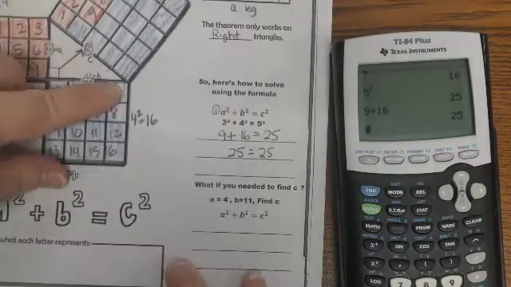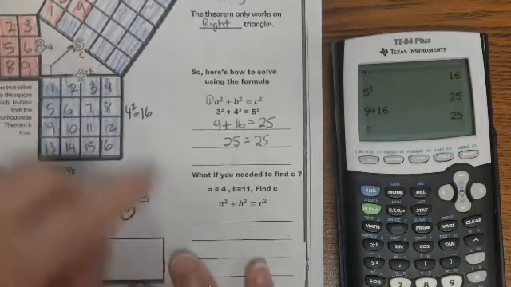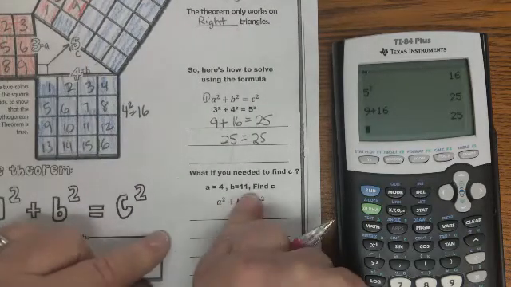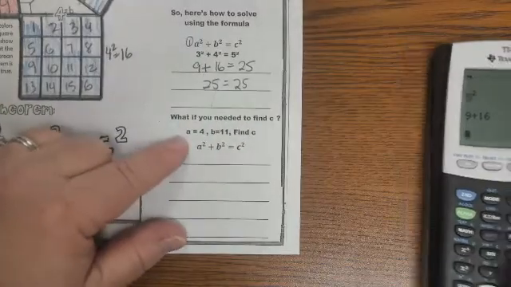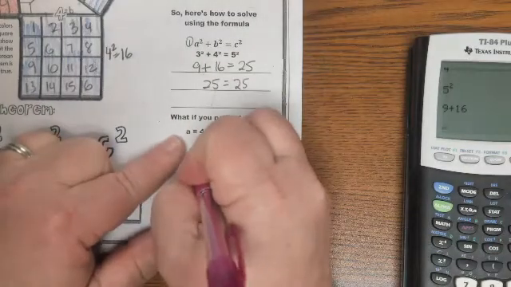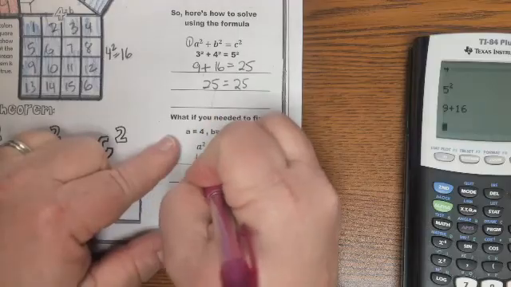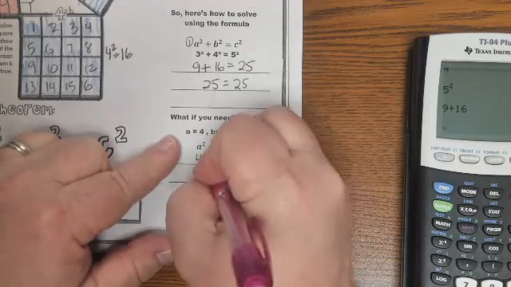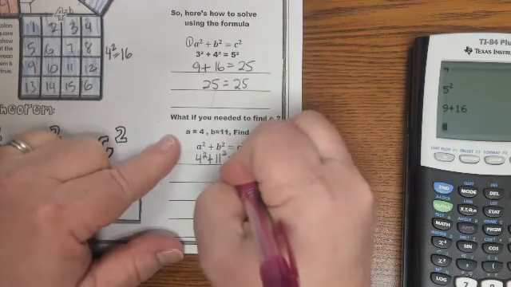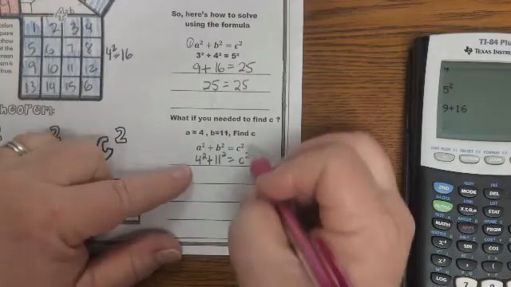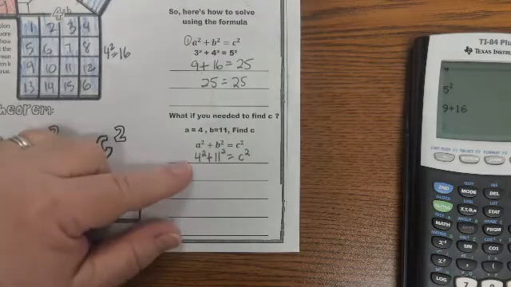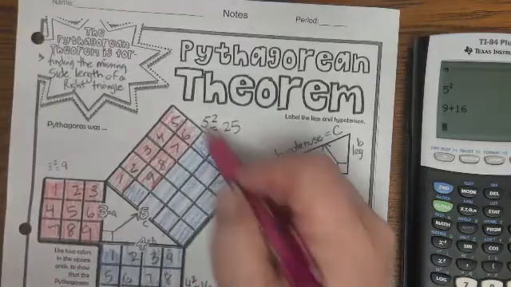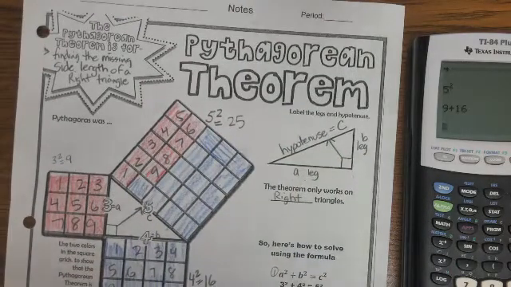What if you don't know what the side of the hypotenuse is? What if they just give you A and B? What would we do to solve that? Well, if A is 4, we would put here on this line 4 squared plus B is 11 squared is equal to C squared. So it's not just the side length C, it's C squared, which is the area of the square that we can draw off the side.